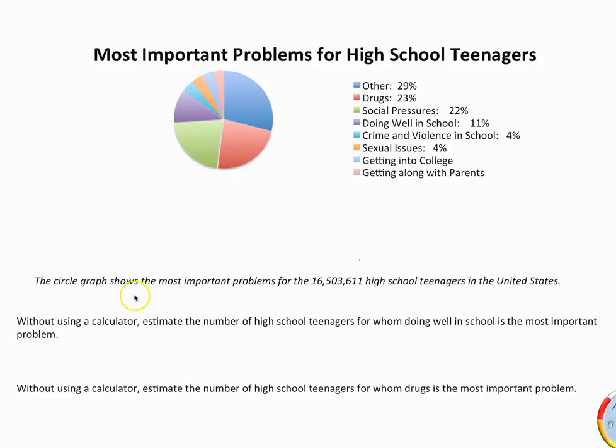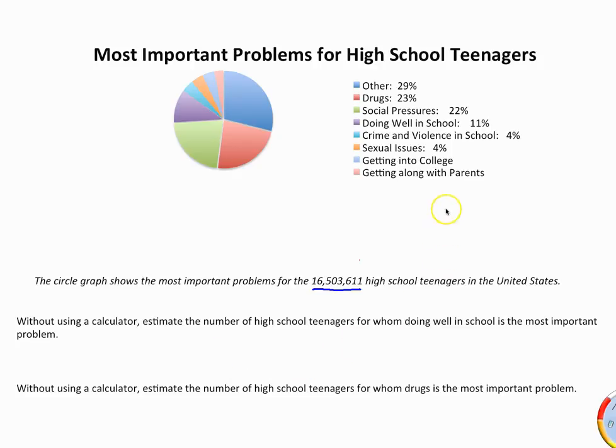Okay, this circle graph shows the most important problems for the, I want to keep this in mind, 16,503,611 high school teenagers in the United States. Without using a calculator, estimate the number of high school teenagers for whom doing well in school is the most important problem.